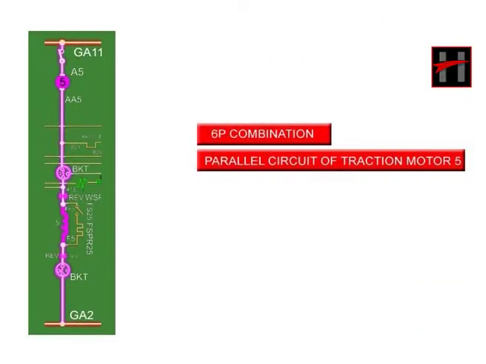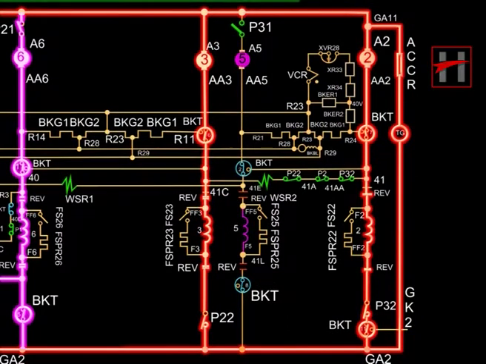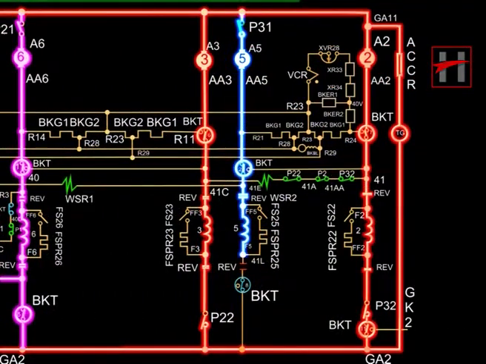The current flow in the parallel circuit of traction motor 5 is as follows. The current from GA11 then flows to power contactor P31 and energizes traction motor 5. The field of traction motor 5 is energized via cable AA5, BKT contact 2 in the motoring mode and the reverser contacts.